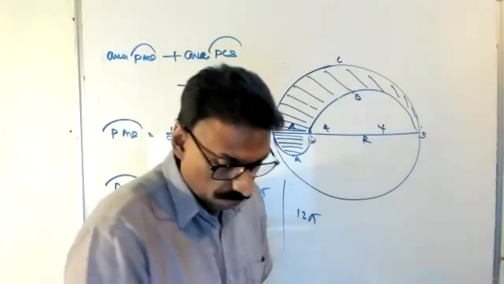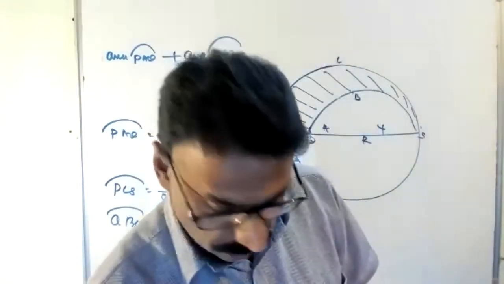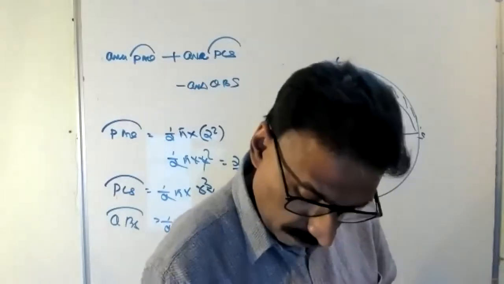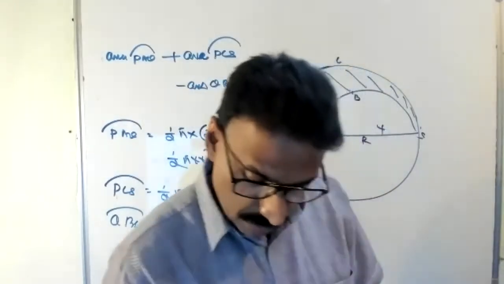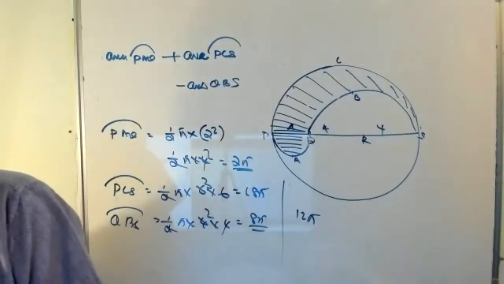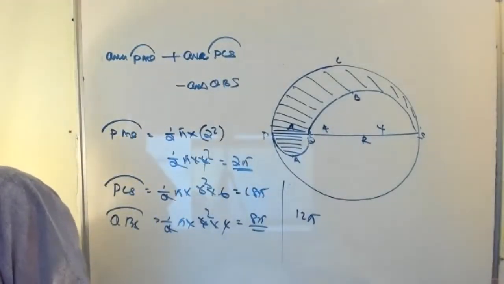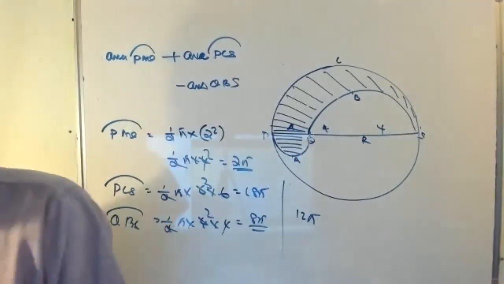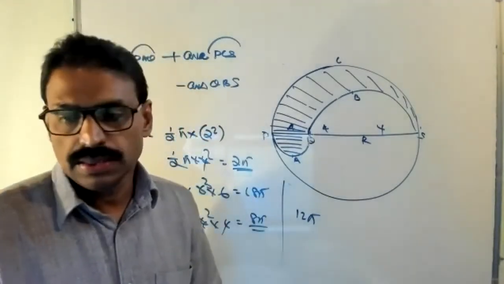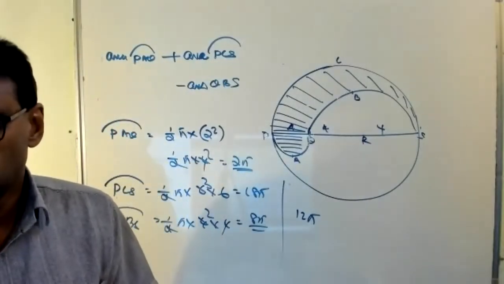Finish or not? Okay. Hello. Is it okay? Finish? Both answers are the same, that is 37.71 centimeter square. Mansvi, finish or not?